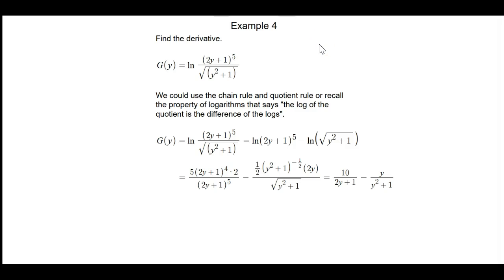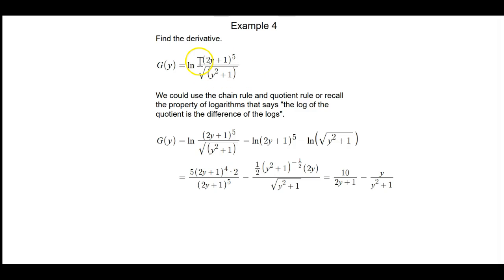Here's another example where it's handy to know those properties of logarithms and laws of logarithms that you would have learned back in pre-calculus. So I have this natural log of this quotient.